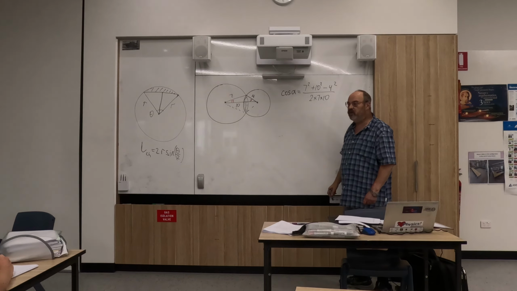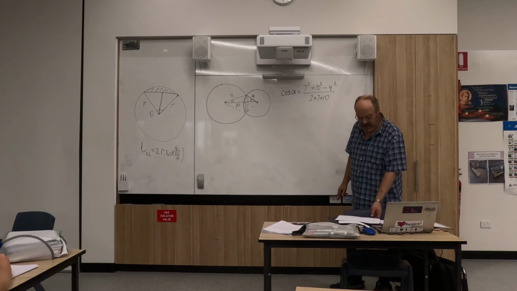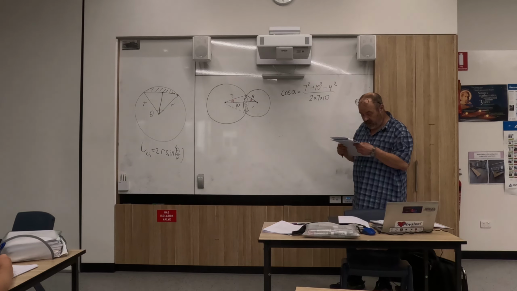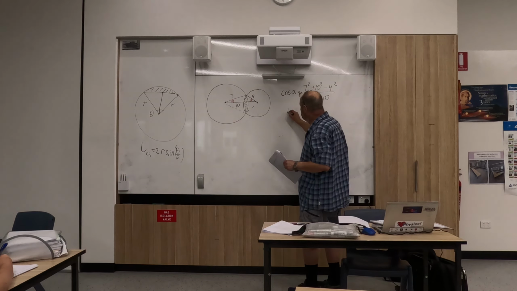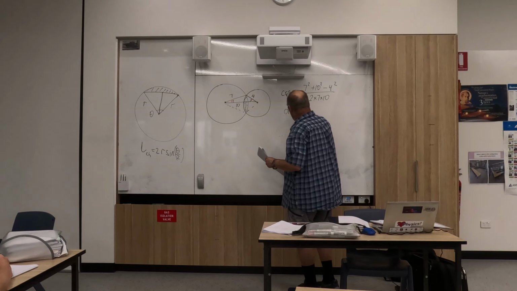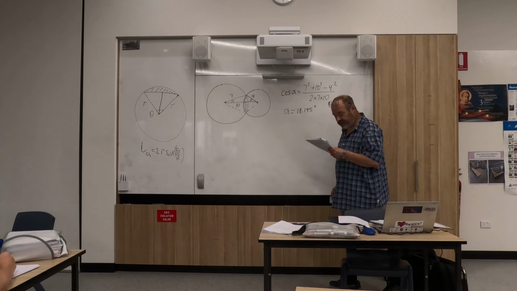And so alpha will be cos negative 1. If you substitute the numbers, we will get that alpha will be equal to 18.195 degrees.